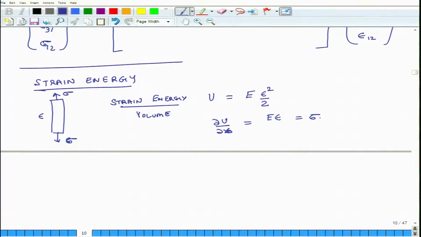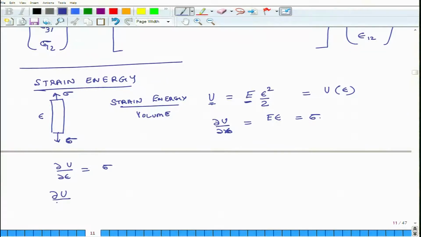So, strain energy is a function of strain only, because E is a constant. If you differentiate U with respect to the strain, you get sigma. I am just giving you a rough idea of what is happening.